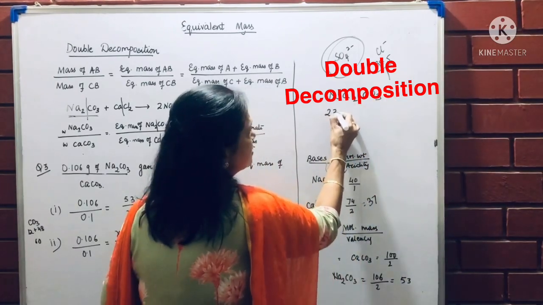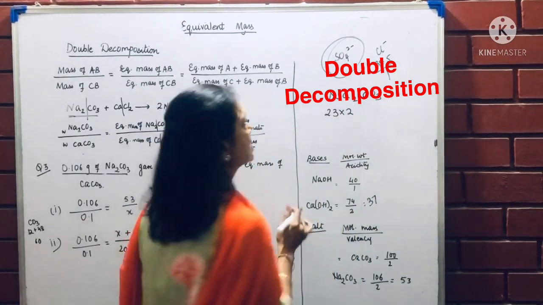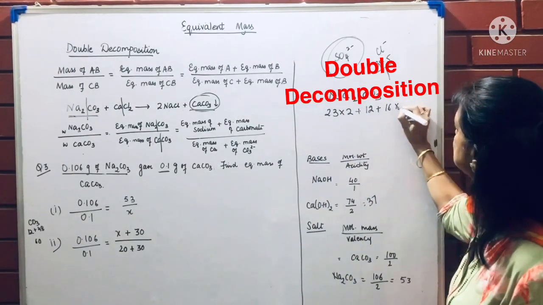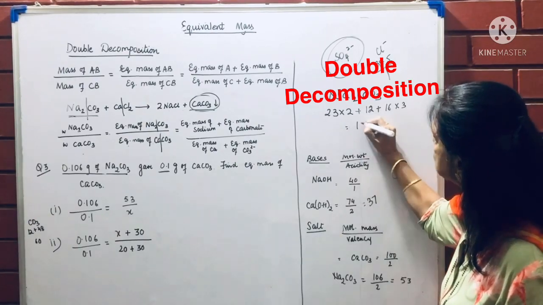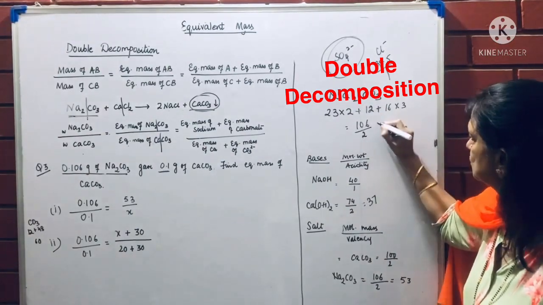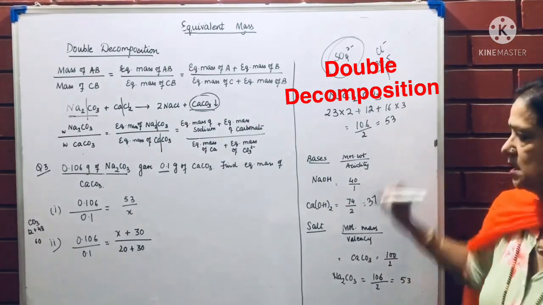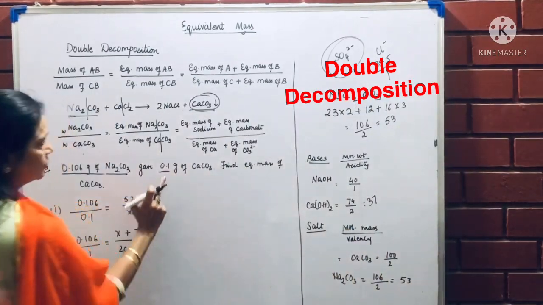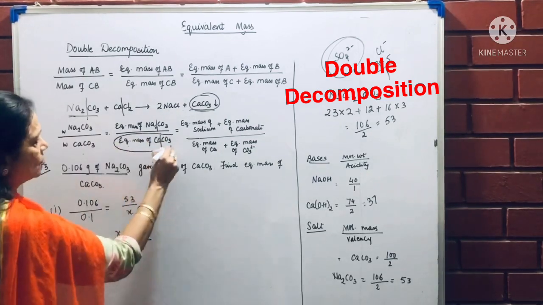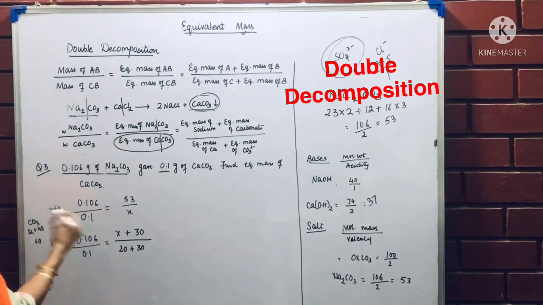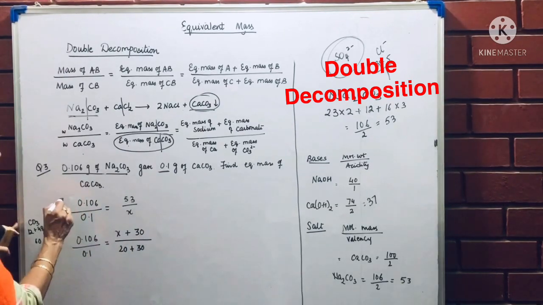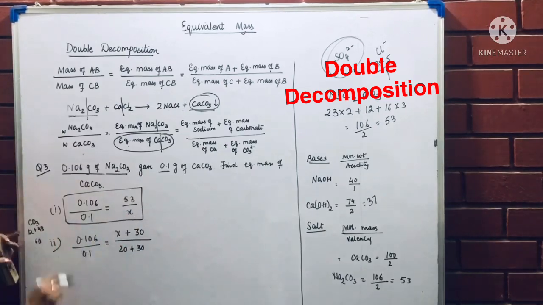Na2CO3 is 23 into 2, 23 being the atomic mass of sodium, plus 12 for carbon plus 16 into 3, so this comes to 106. Using valency 2, divided by 2, it becomes 53. So the equivalent mass of sodium carbonate is taken as 53. I need to find it for calcium carbonate. So a simple equation: 0.106 upon 0.1 is equal to 53 upon x. I am sure you can find x.